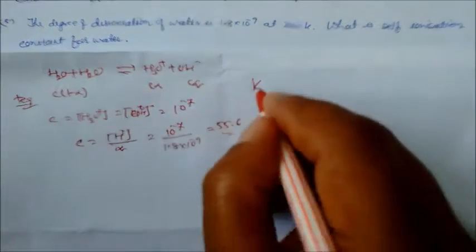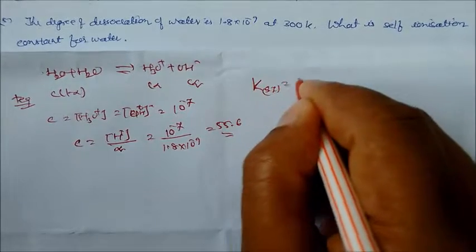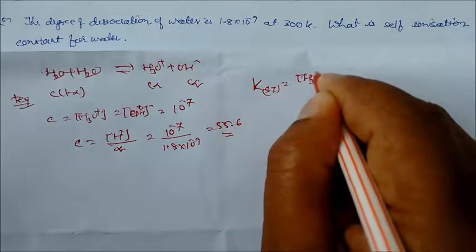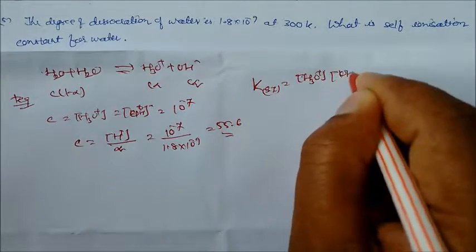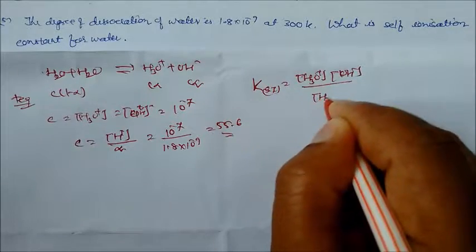So K equal to, this we require, that is nothing but the concentration of H3O plus into OH minus divided by H2O whole square.